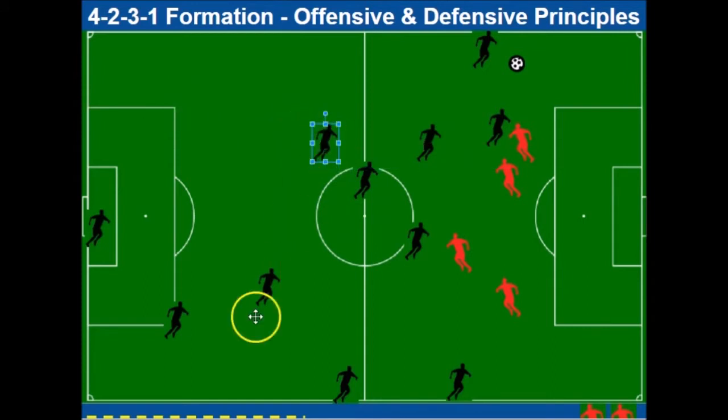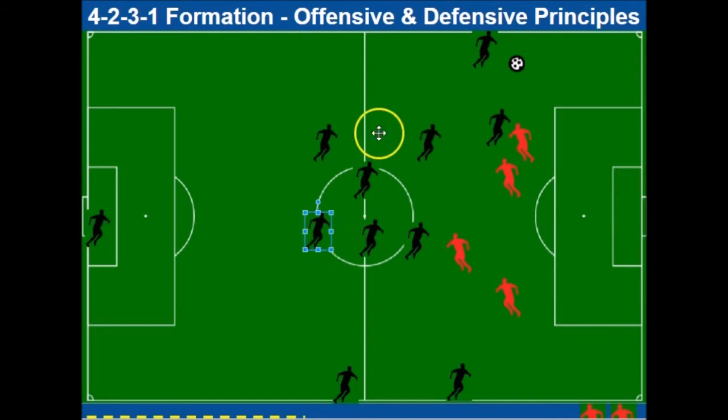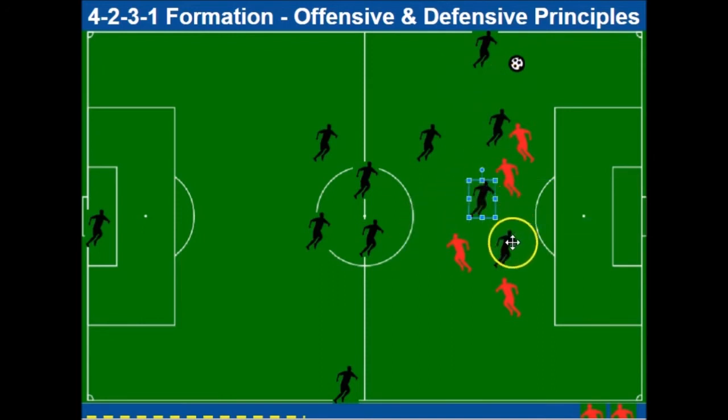Now, as we attack, everybody gets up the field, and let's just recreate the shape. So let's say we've got the ball to that fullback there. We should be having at least, hopefully, 3 players joining the party and getting involved. So our winger that was over here will be coming in closer, attacking that back post area.